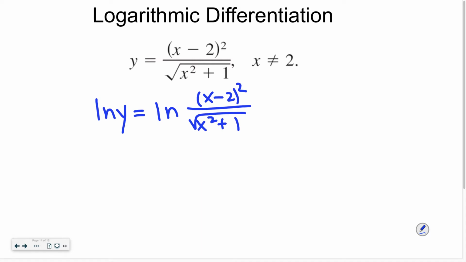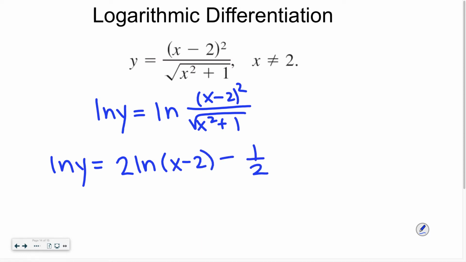Now we can expand out the right side to where we can write the natural log of y equals 2 natural log of x minus 2 minus 1/2 natural log of x squared plus 1.